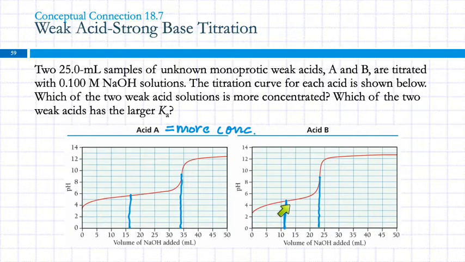The pH at the half equivalence point is equal to the pKa for the acid. So this one has a pKa of close to 6, and this one looks like maybe under 5. So which is the larger?